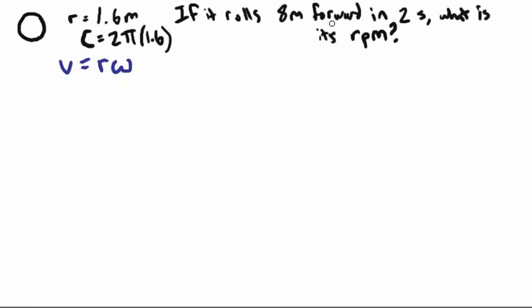Now this is a linear velocity if it's rolling without slipping. My ball rolls forward this way, so it travels 8 meters in 2 seconds, which means that its linear velocity, if I take 8 and divide it by 2, is 4 meters per second. So that's my linear velocity already. We'll see what the circumference is for later, but for now, we'll use this.